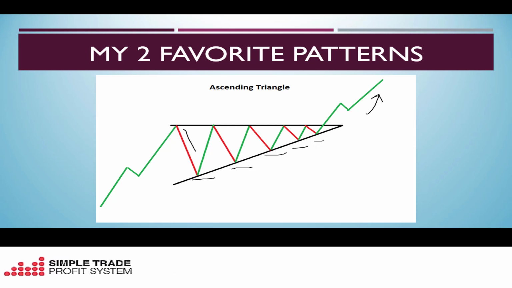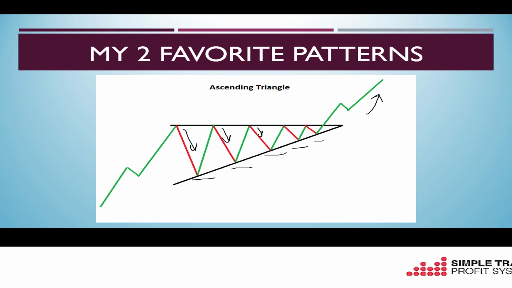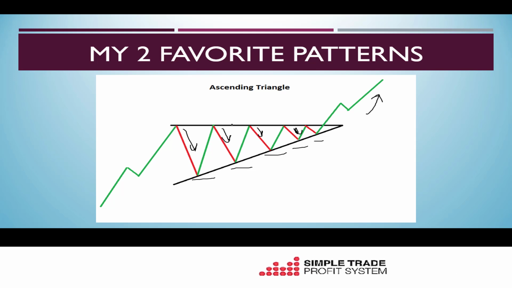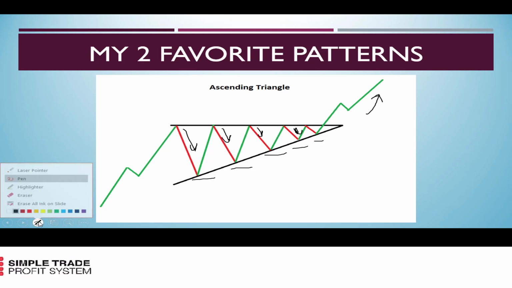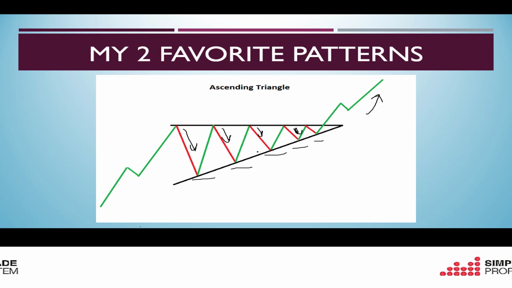The sellers aren't able to drive price down as far each time. And eventually, you basically fill up all the sell orders, and the sellers run out of orders, essentially causing price to shoot up.